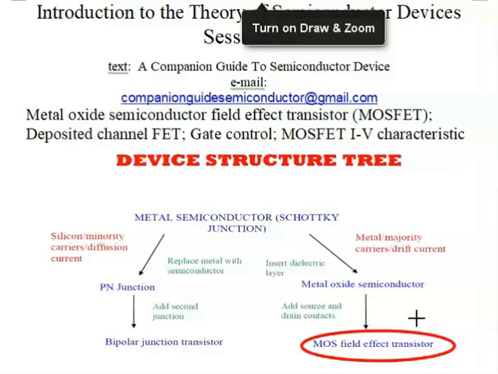But there's another type of field effect transistor where the channel is deposited. So we're going to talk about the deposited channel first and how the gate controls the conductivity of the channel. And then we'll get into the MOSFET current voltage characteristics.